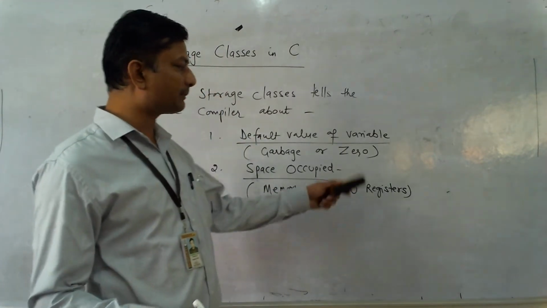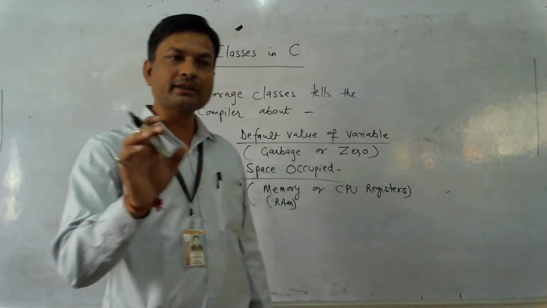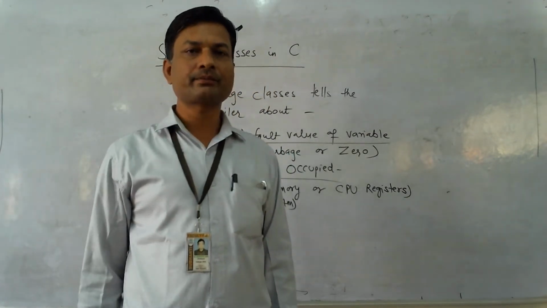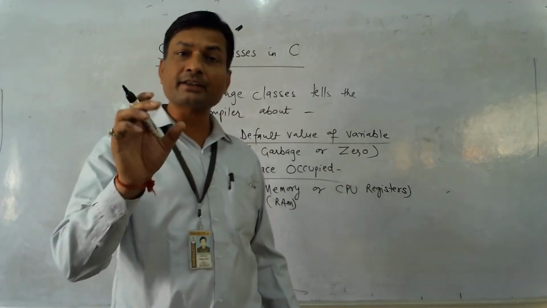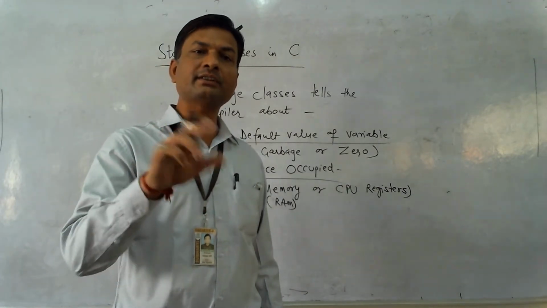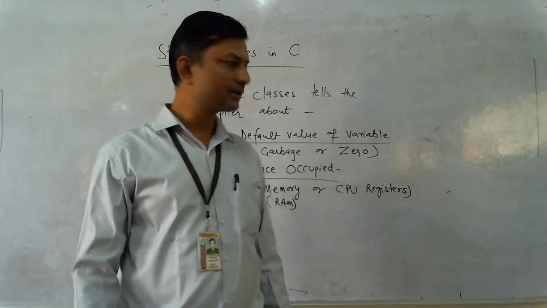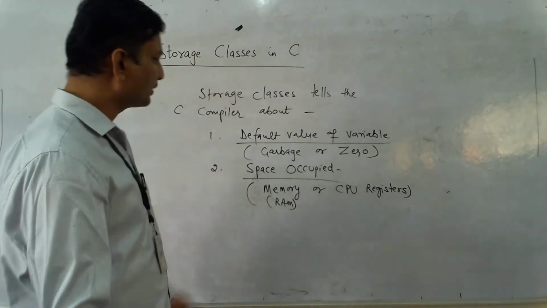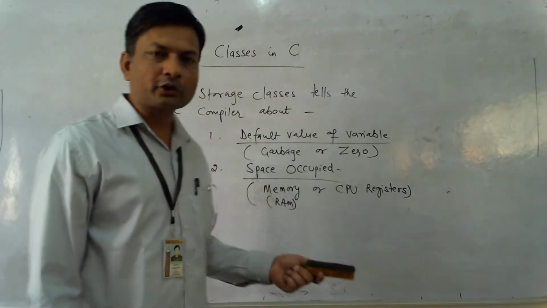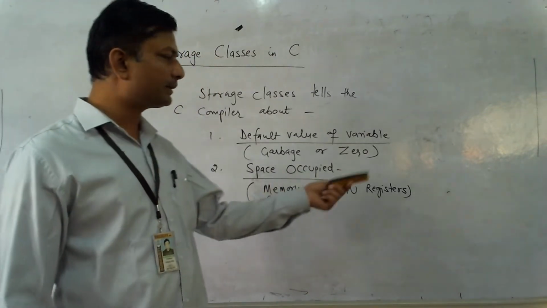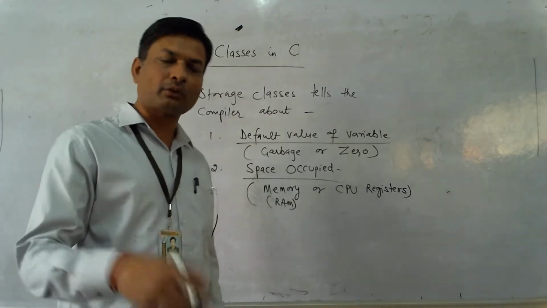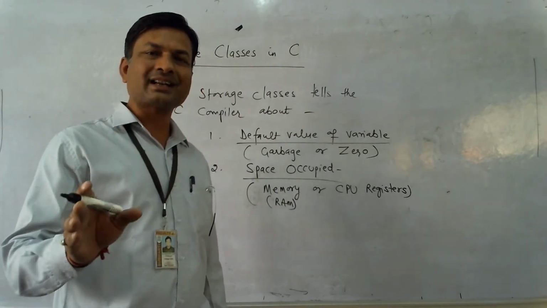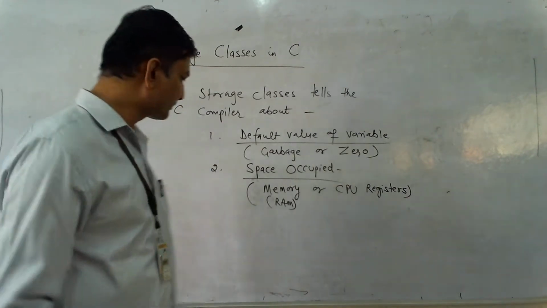Internal memory means the memory which has its place in the CPU itself. This is a very small memory, and obviously if it is small then it is very fast, and it's inside the CPU. So a variable can occupy space either in memory or in CPU registers. Again, it depends on the storage class to which it belongs.